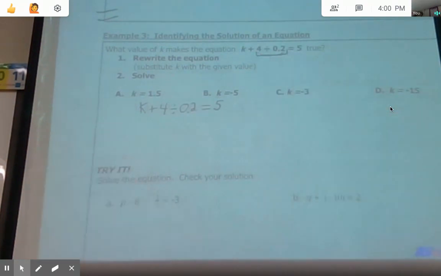I know what 4 divided by 2 is, but do I know what 4 divided by 2/10 is? Okay, it's not the same as 4 divided by 2 because this is not a value of 2. This is a value of 2/10. It's less than 1. It's a fraction. Really the fraction 1/5 or 2 over 10.